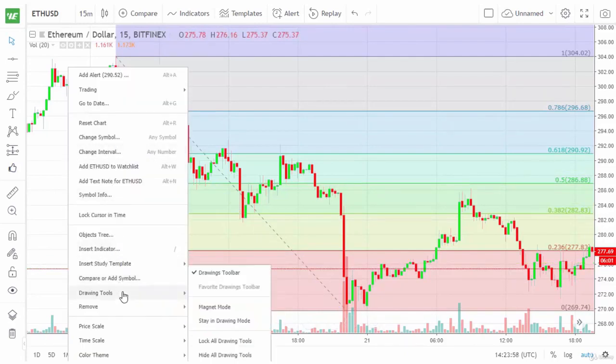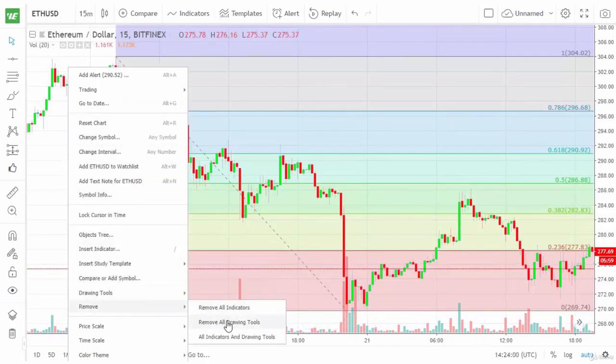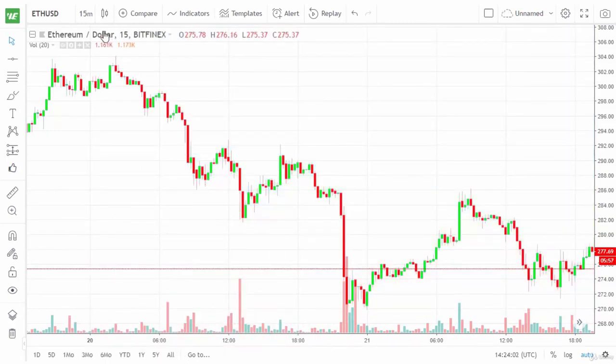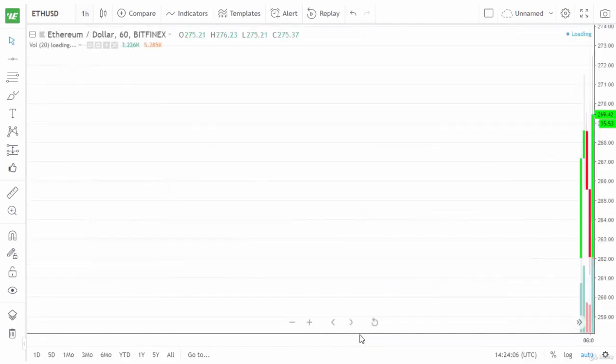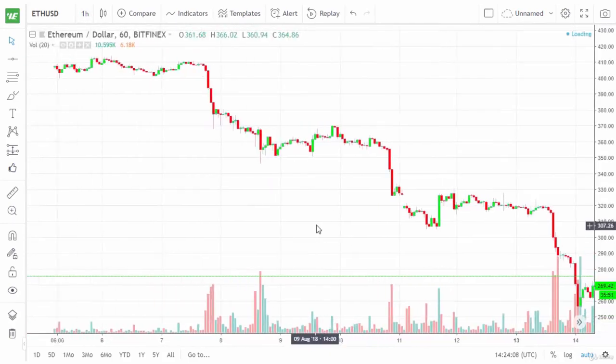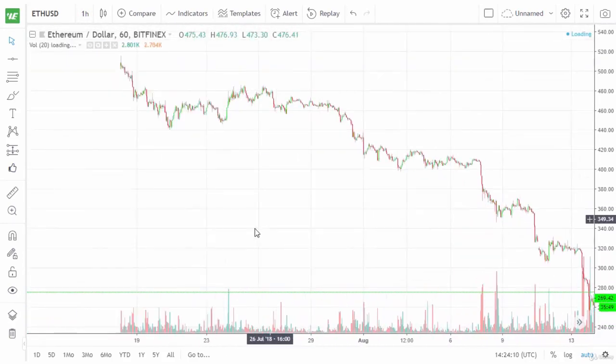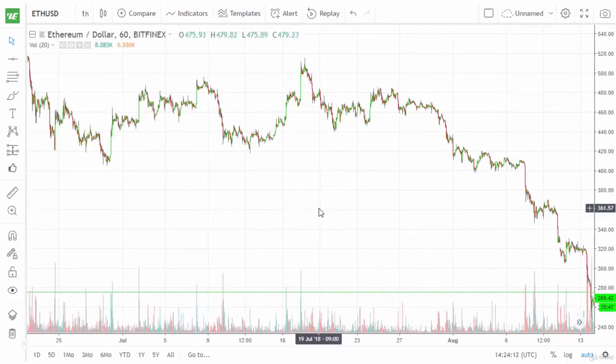So let's go ahead and remove the Fibonacci tool and let's zoom out to an hourly chart. It's important to take a minute to look at swing highs and swing lows. So as I zoom out, I'll go ahead and mark a few, give you an idea of what you're looking for. We fell here and we bounced. That's a swing low.